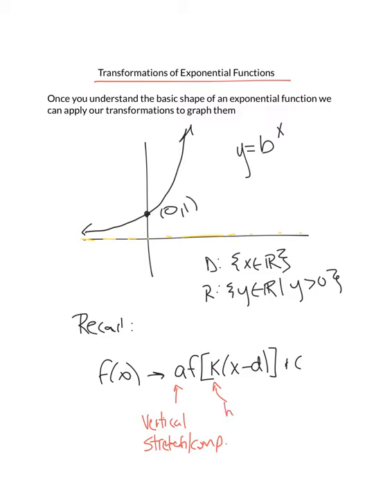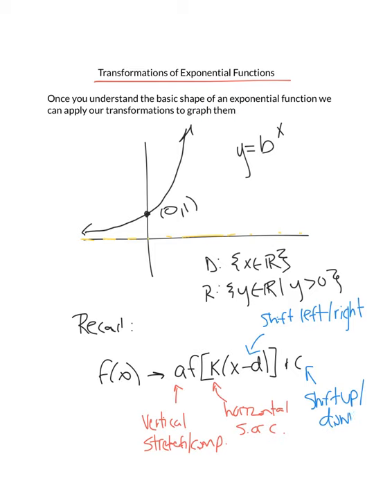Our k is our horizontal stretch or compression. Sorry, I don't have a lot of room here. I'm definitely going to be short forming. Our d is our shift left or right. And our c is our shift up and down.